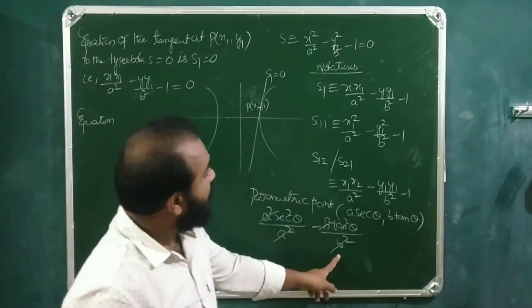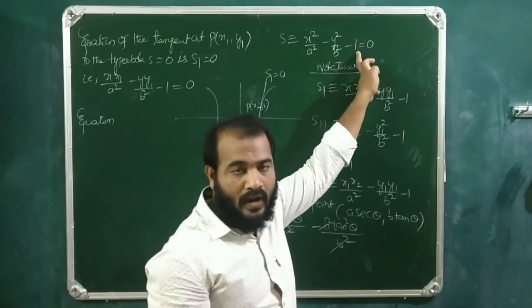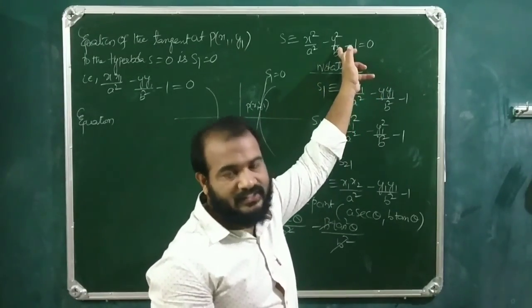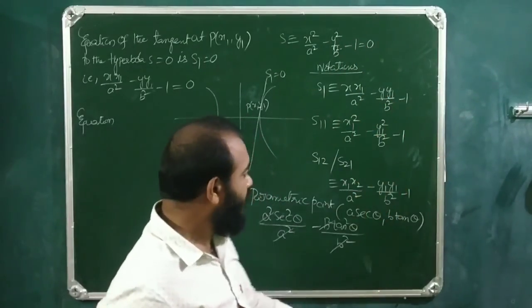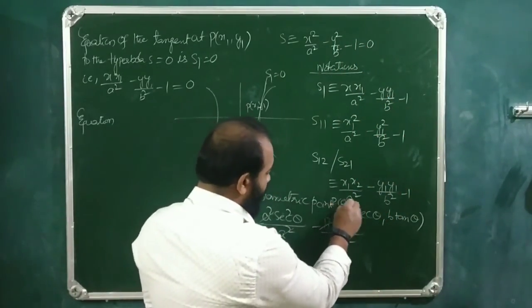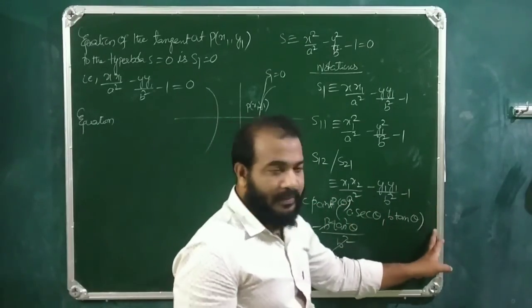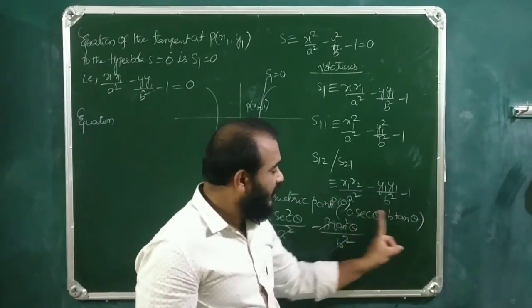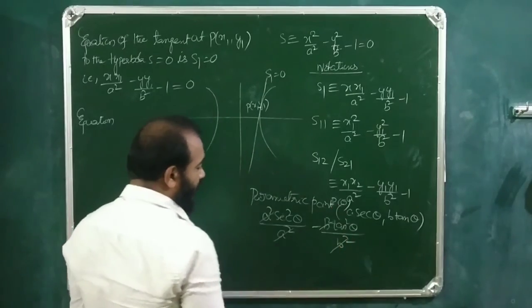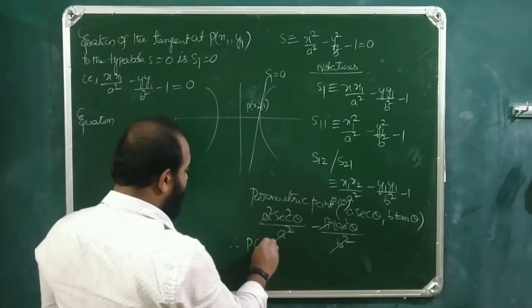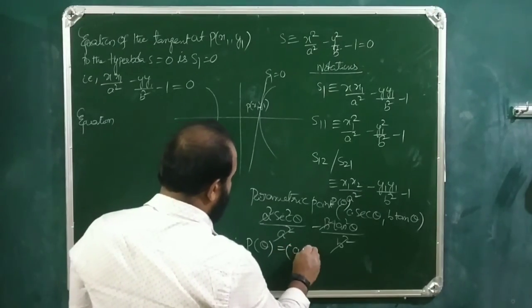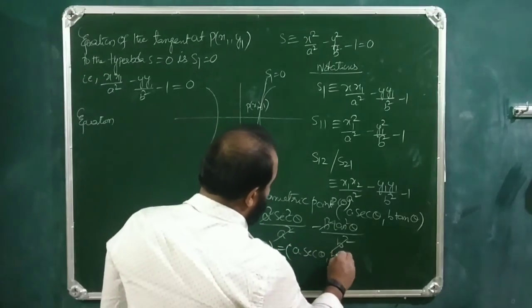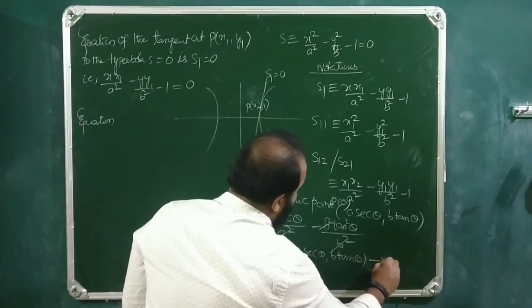Secant square theta minus tan square theta equals 1. Therefore this equation gets satisfied by substituting P(theta), which is a secant theta comma b tan theta. Therefore this is said to be the parametric point.